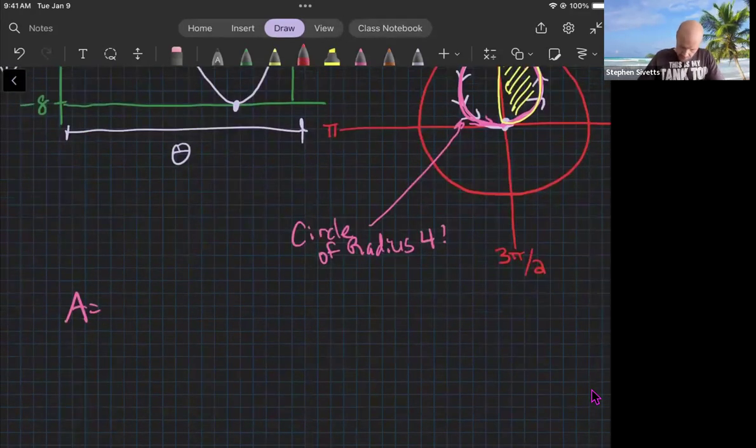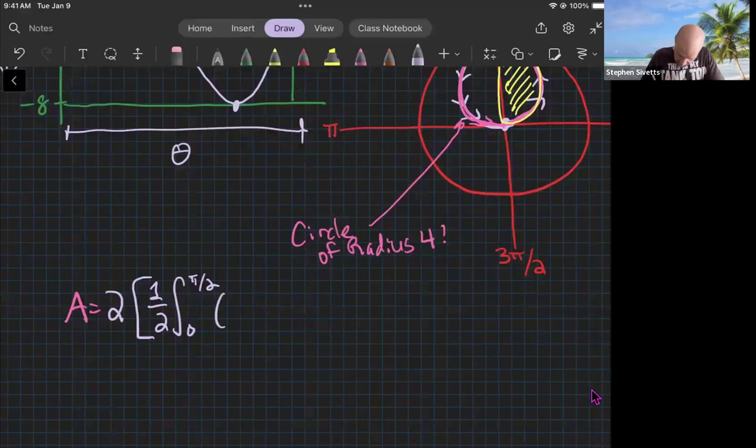So really I can multiply by 2 the integral of 1/2 times the integral from 0 to pi over 2 of 8 times sine theta, squared, d theta.